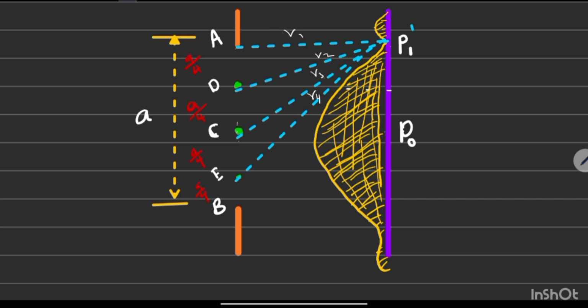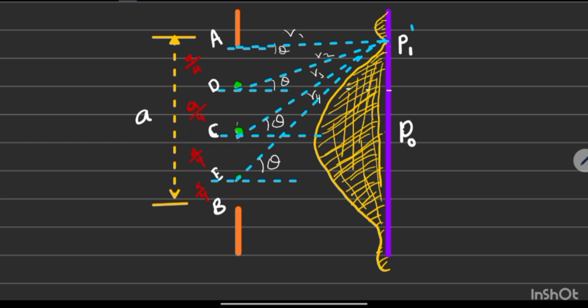Now each of this angle makes theta with the horizontal line. This angle is theta, and this angle is theta, this angle is theta, and all of them are equal.